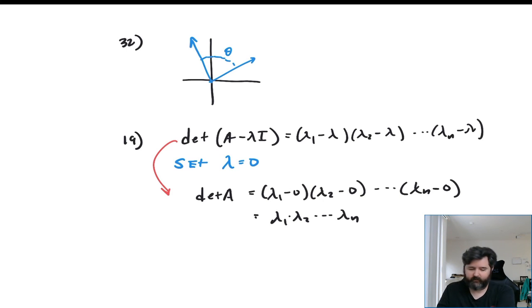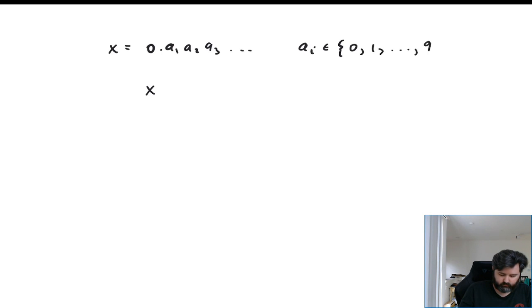Where you just say, okay, if you have a decimal expansion that looks like this, A1, A2, A3, and so on, then what that means is that if this is a number, call it x, all of your digits are in the set of digits from 0 to 9.